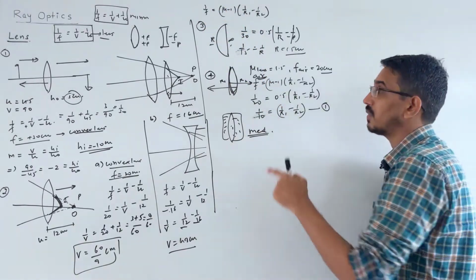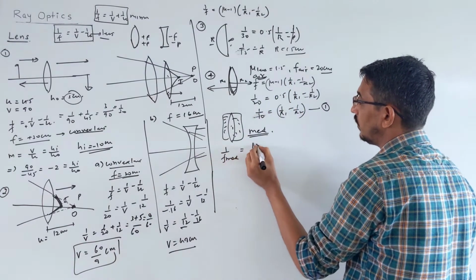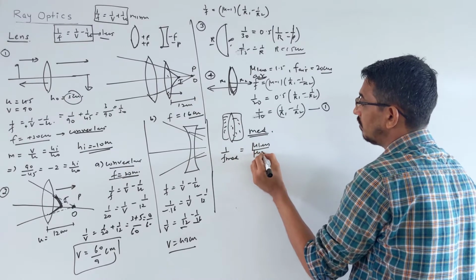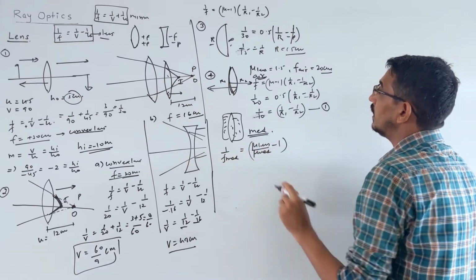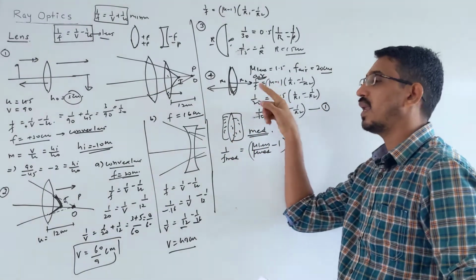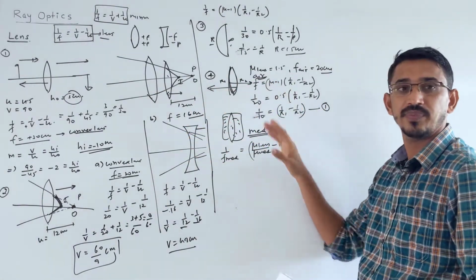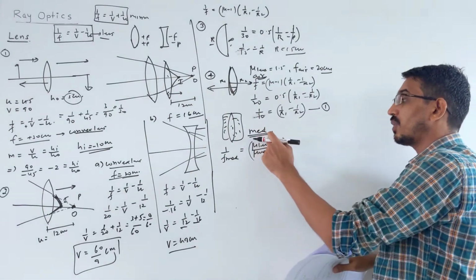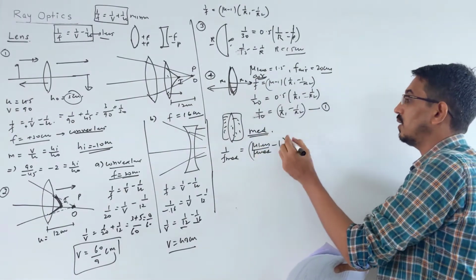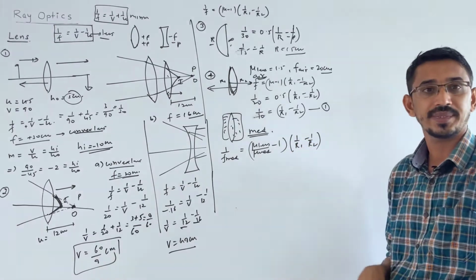Then how will this equation change? 1 by focal length in medium is equal to mu of the lens by mu of the medium minus 1. Here it was air; actually the correct form is always mu of the lens by mu of the air, but air is 1, so just write mu of the lens only. Now you have placed it in a medium, so mu of the lens by mu of the medium minus 1 into the same thing, 1 by r1 minus 1 by r2, correct.